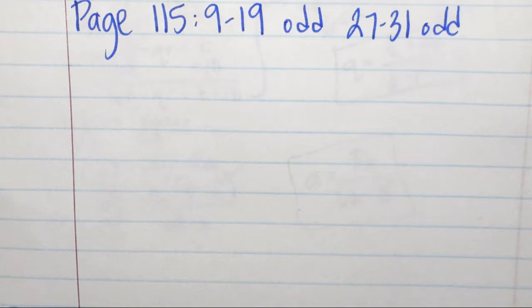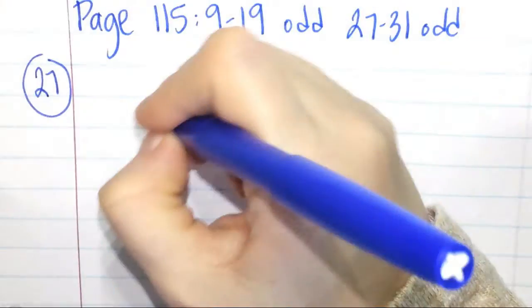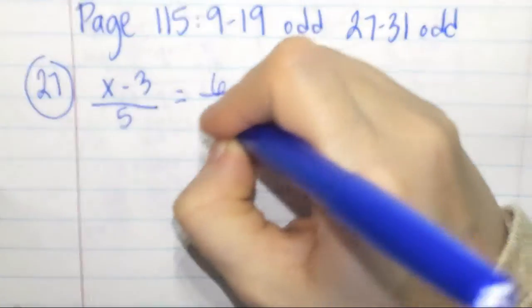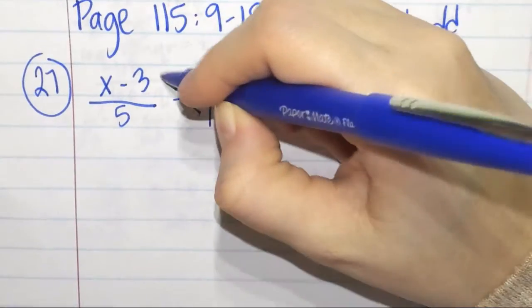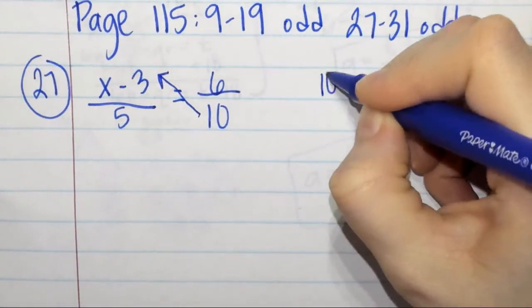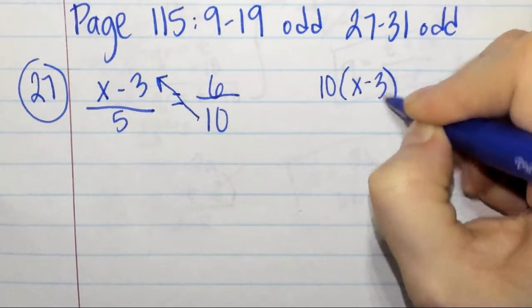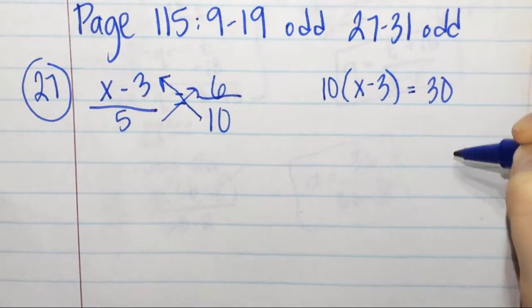27 is one I want to go over. 27, the problem was x minus 3 over 5 is equal to 6 over 10. So I've got to cross multiply. What's the important thing I have to do with that x minus 3? Parentheses. So it's going to be 10 parentheses x minus 3, and then equals 5 times 6, which is 30.